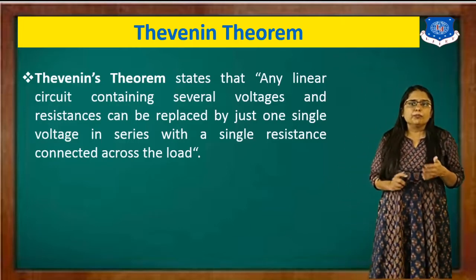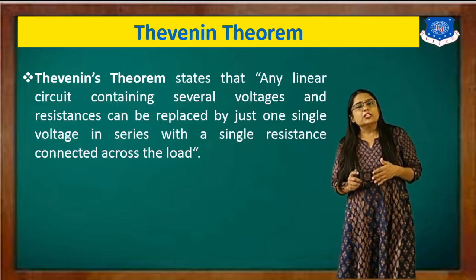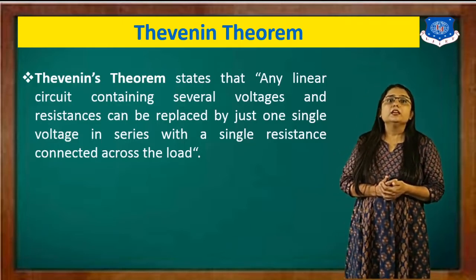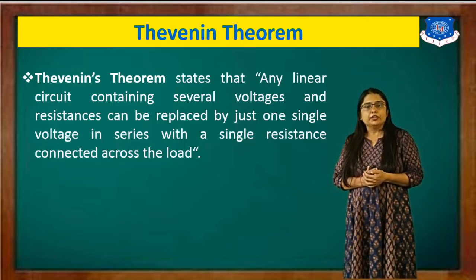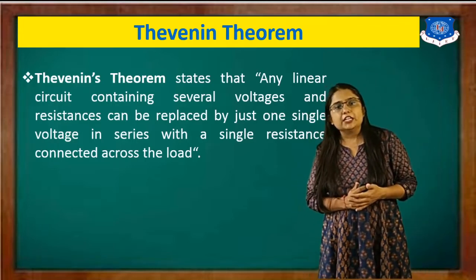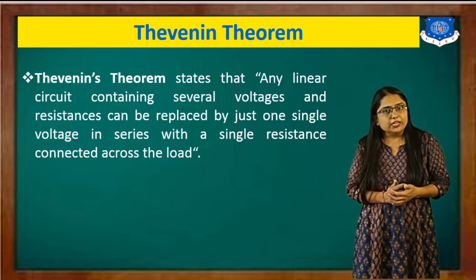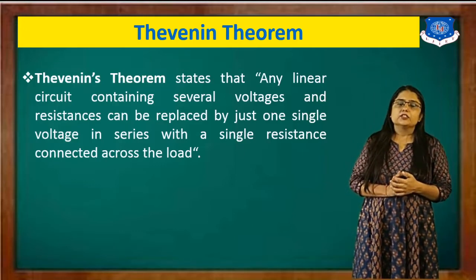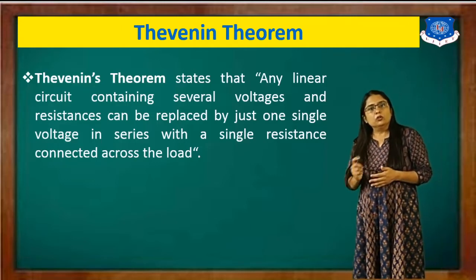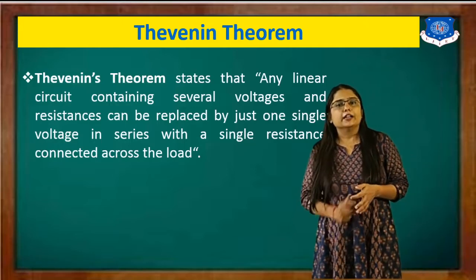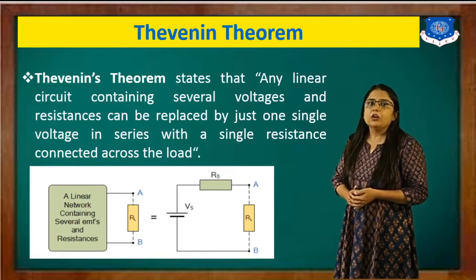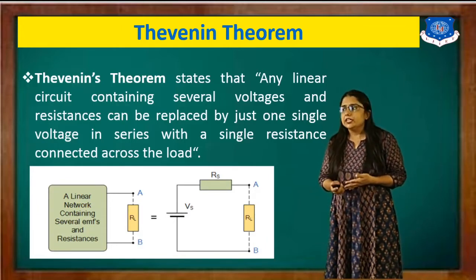That means we can replace the complex circuit by only a single voltage source, known as the Thevenin voltage source, which we represent as VTH. We connect that VTH in series with the Thevenin equivalent resistance, RTH, and then we connect the load, that is our load resistance R. This is the circuit diagram, or we can say the equivalent Thevenin circuit.